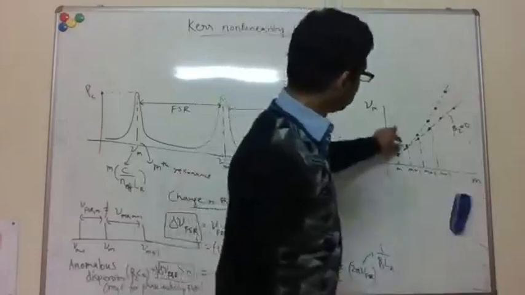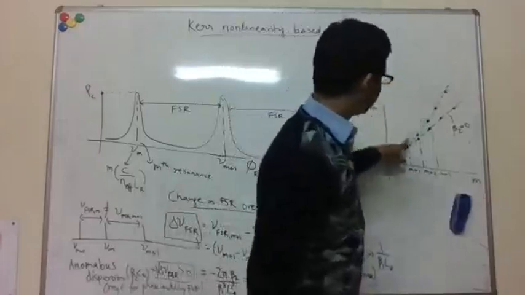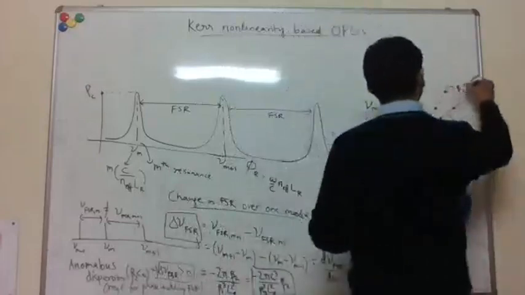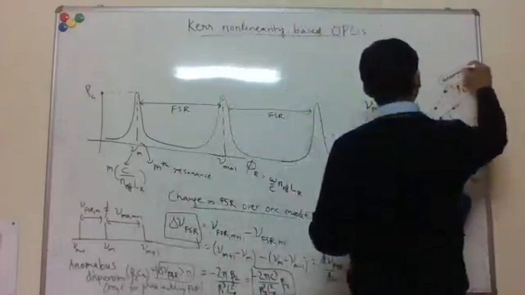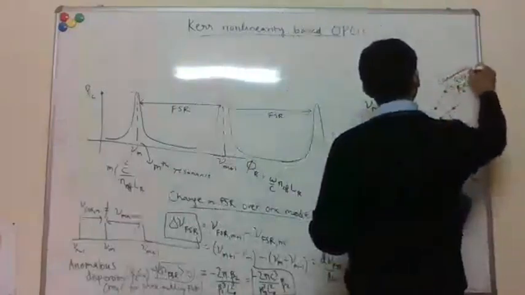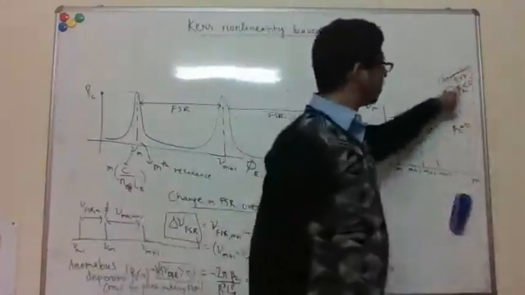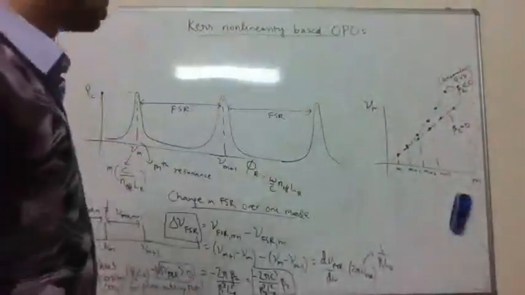So the frequency spacing between consecutive modes keeps increasing. This is the case of the anomalous GVD, which we need to phase match our 4-wave mixing process.